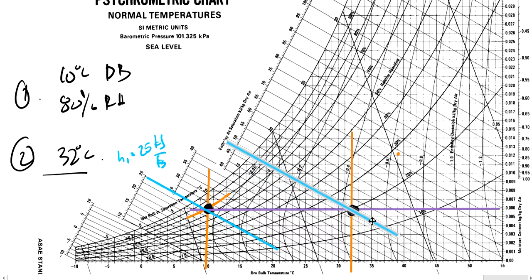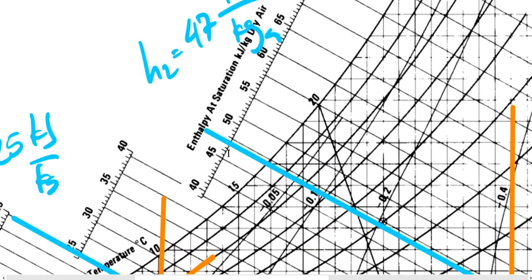So this is around 47. So H2 is equal to 47 kilojoules per kilogram dry air.